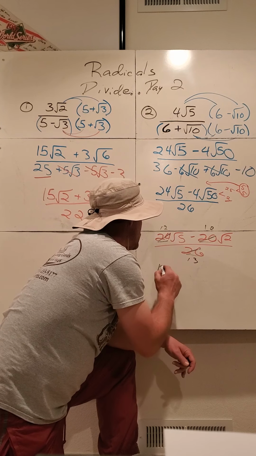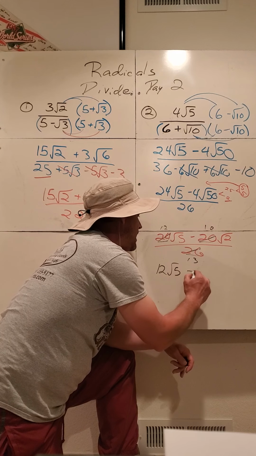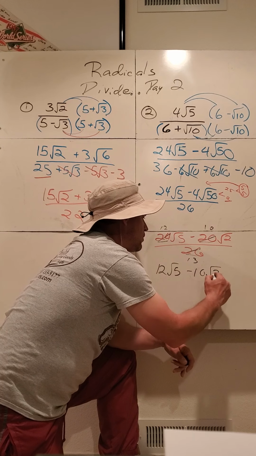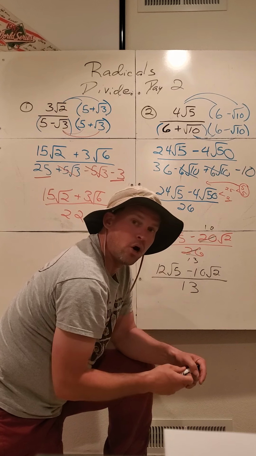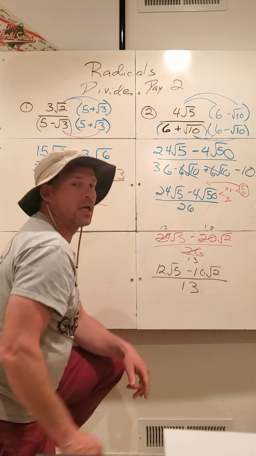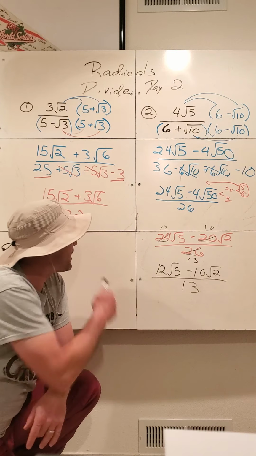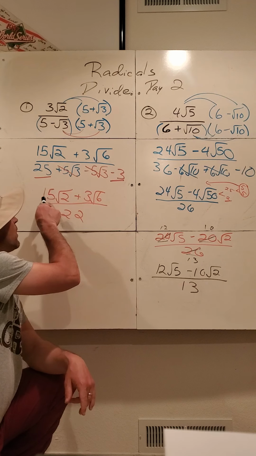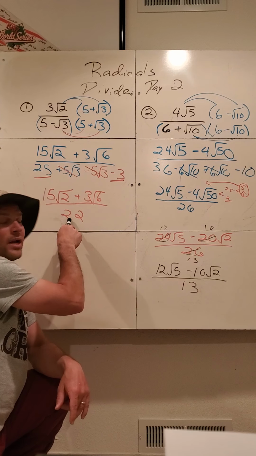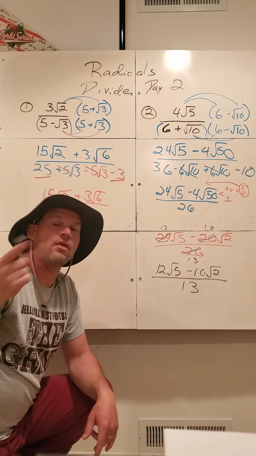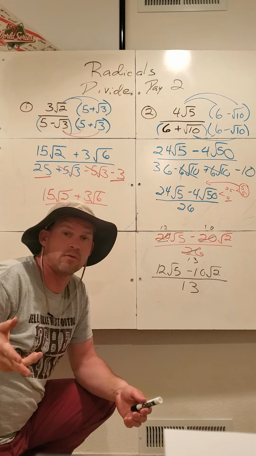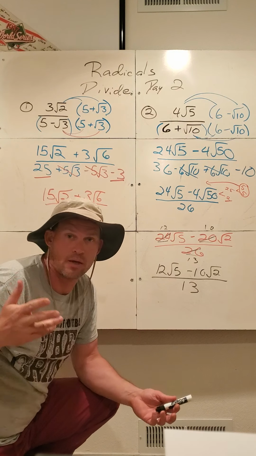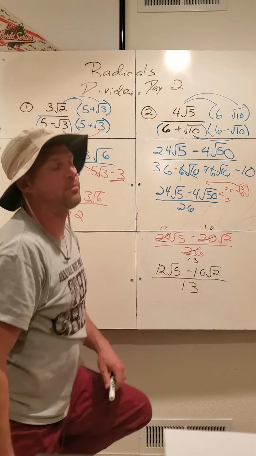So I have 12 root 5 minus 10 root 2 over 13. Holy smokes. Why didn't we do that over here? Good question. I got 15, I got 3, I got 22. There's nothing that goes into 15, 3, and 22. 2 doesn't go into all of them. 3 doesn't go into all of them. If there was, we'd have done that step.